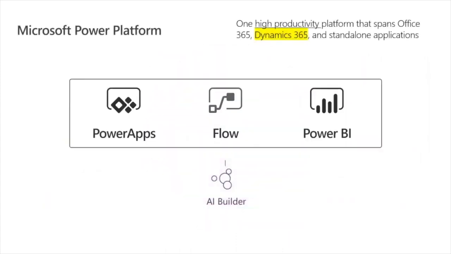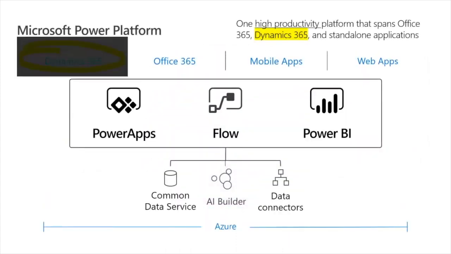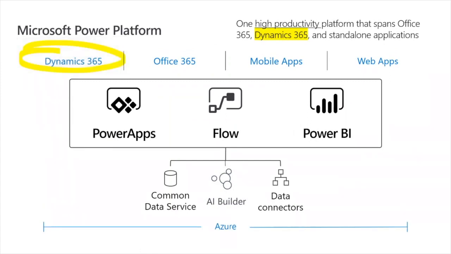So moving ahead to the current state, and I hope that most of you are already aware of this, with version 9, we moved all of our customers who were using the legacy CRM or Dynamics 365 onto the Azure platform.